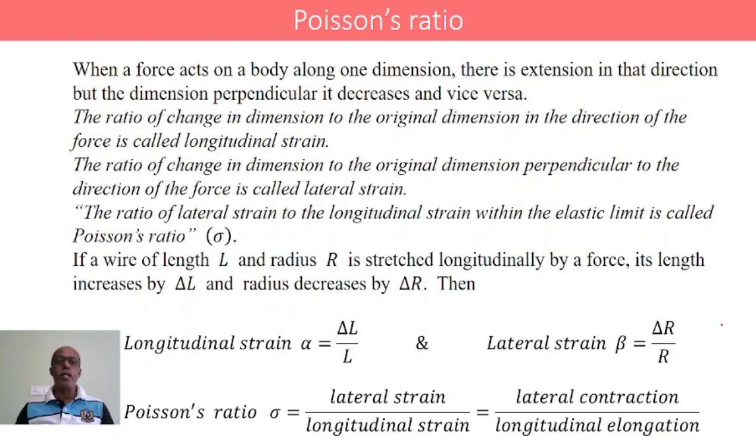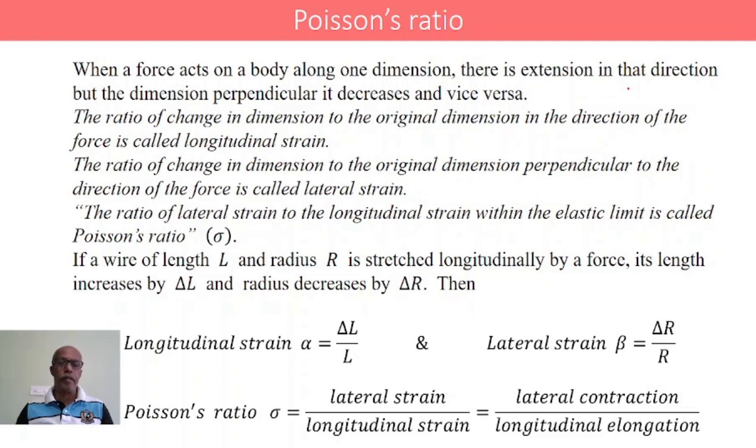Now coming to Poisson's ratio. When a force acts along a body in one dimension, there is an extension of the body in that particular direction, and the dimension perpendicular to it will be decreased.